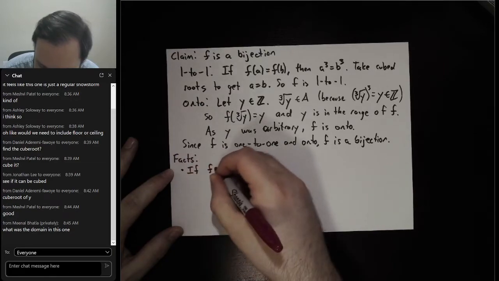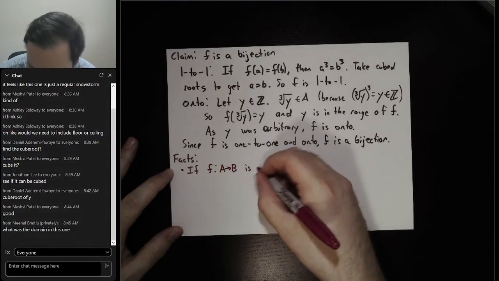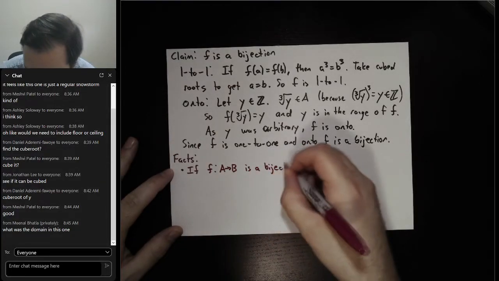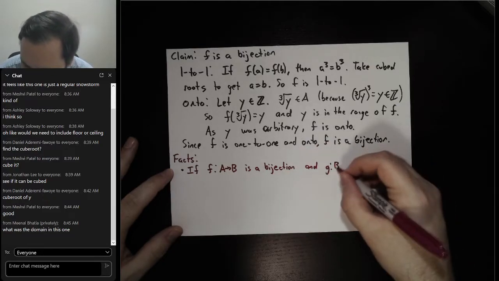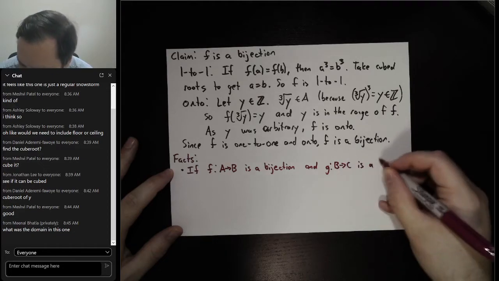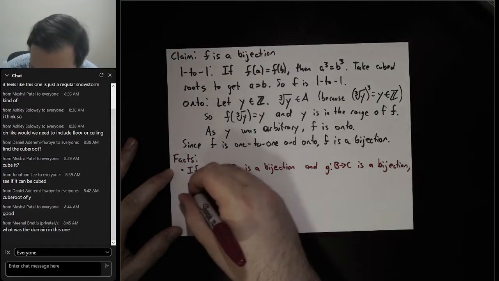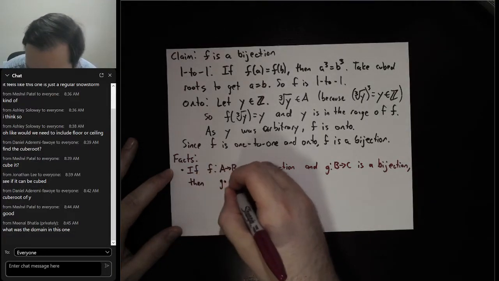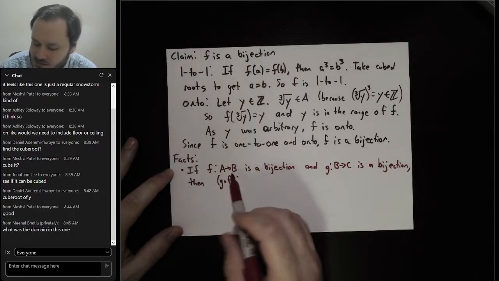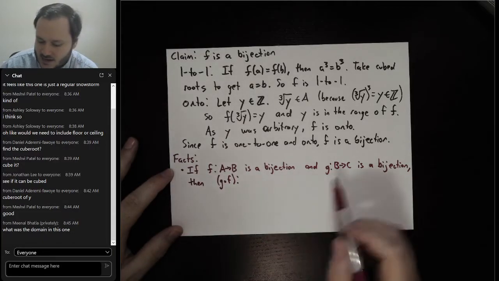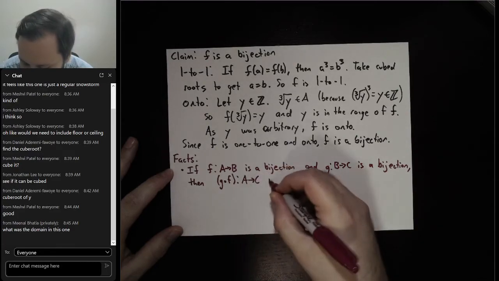If f is a function from A to B that is a bijection, and g is a function from B to C that is a bijection, we talked about how g composed with f, that's a function that takes in A's, secretly turns them into B's, but we don't see it, and then outputs a C, is a bijection.